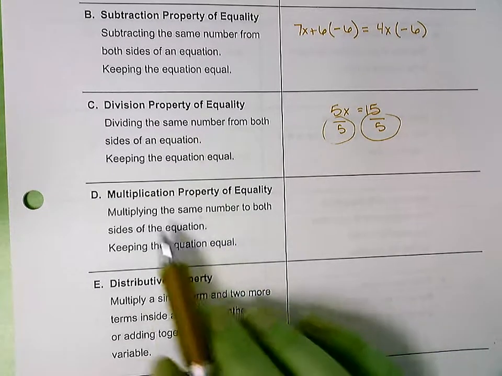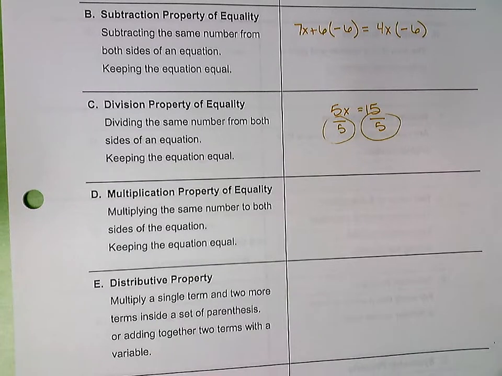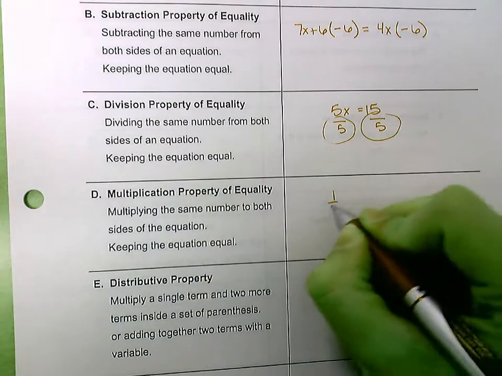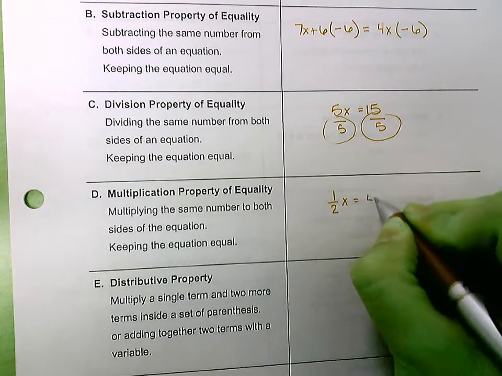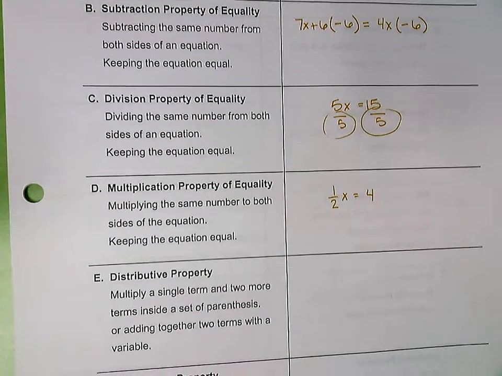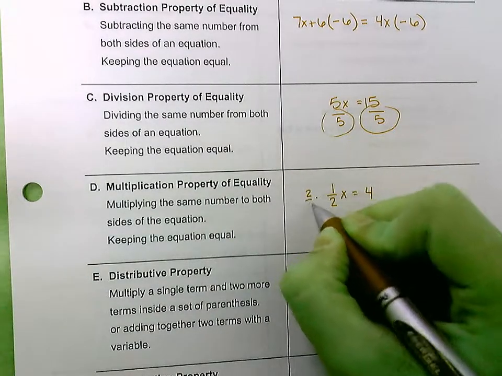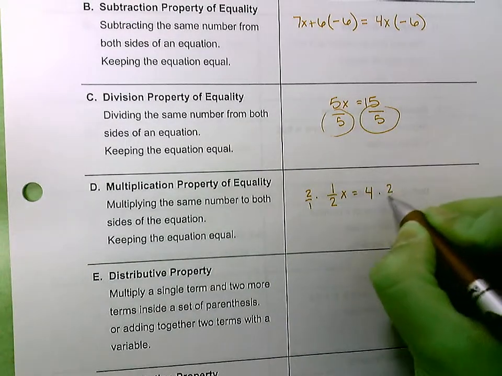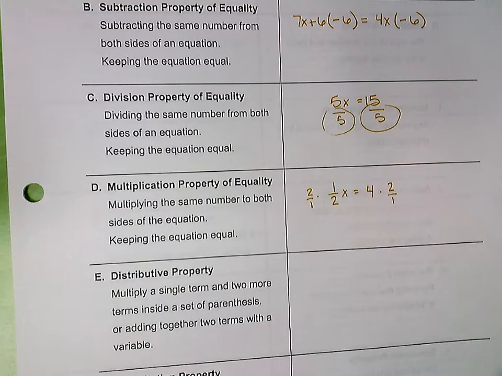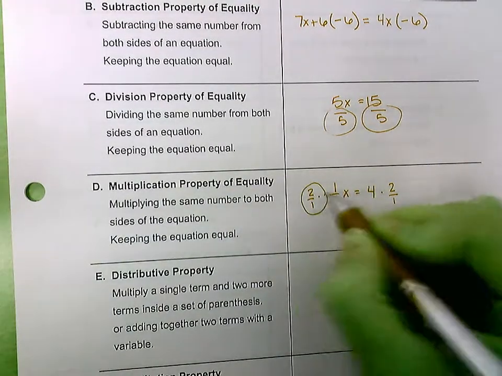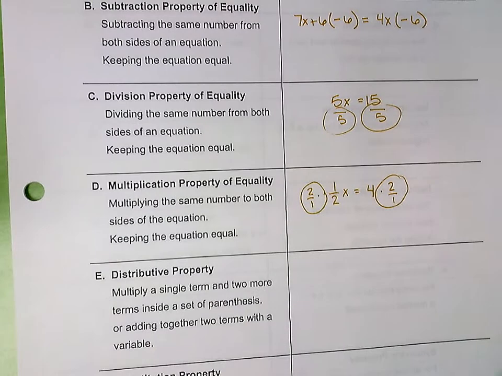Multiplication property of equality is multiplying the same number to both sides of the equation. So if I have 1/2 x equals 4, I could multiply both sides by the reciprocal of that fraction, so 2 over 1. That's your multiplication on both sides of your equation, keeping that equation equal, solving for x.